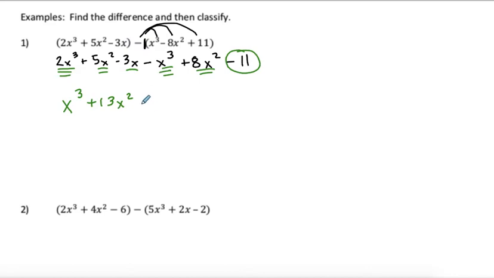And then minus 3x and minus 11 comes down. So now when I classify this, I get x cubed, so I get a cubic. And then 1, 2, 3, 4 terms, I get a polynomial.